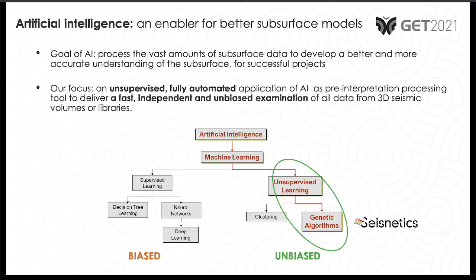The thing is, today a lot of approaches are supervised, which means that you need initial training to get to the results you want, and so you introduce a bias. On the contrary, today our focus will be on an unsupervised and fully automated application of AI that can deliver very fast, independent, and unbiased examination of any kind of 3D volume or library.